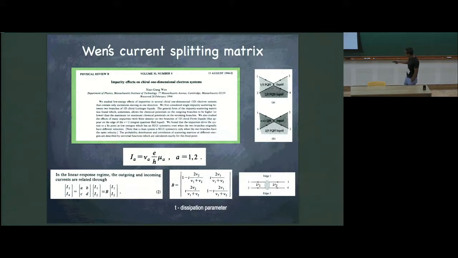If you put t equals 1, this is nu1 minus nu2, and this is nu2 minus nu1. So depending on the filling fraction and the order, nu1 greater than nu2 or nu2 greater than nu1, you definitely have negative elements in the current splitting matrix. It's there, but you need a mismatch of filling fractions for that.